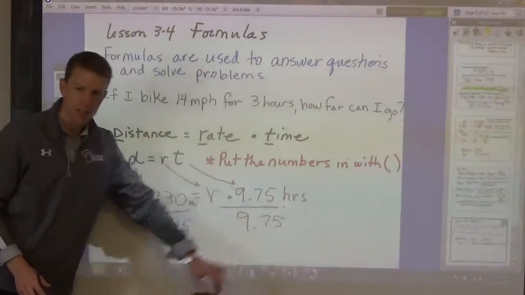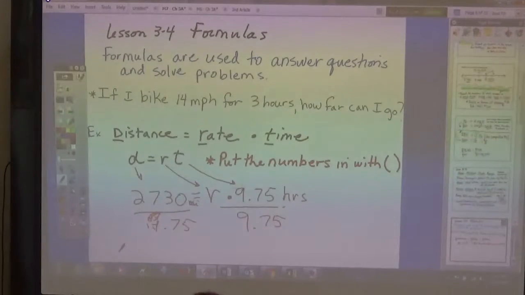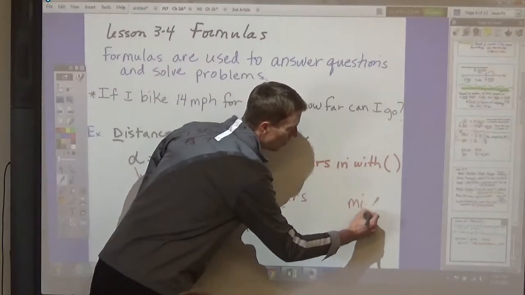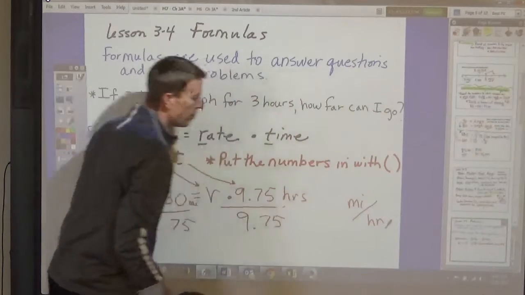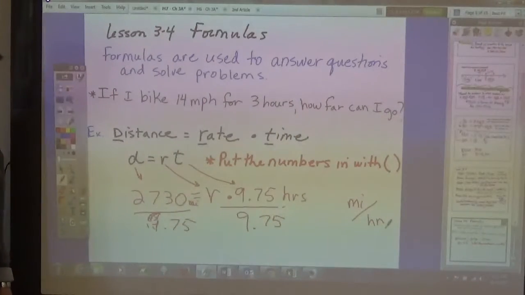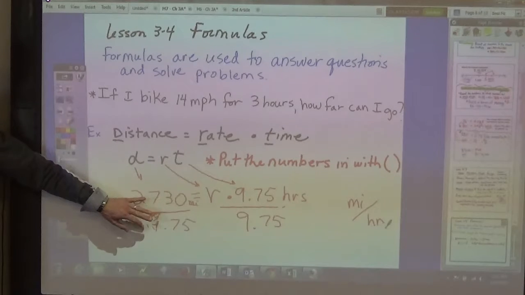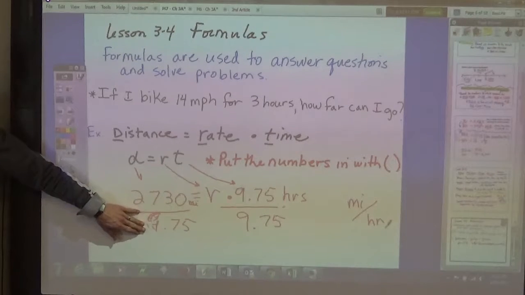Miles and hours. So when you're finding the rate, you're finding speed in miles per hour. So what is our answer, miles per hour? How fast is this object traveling?